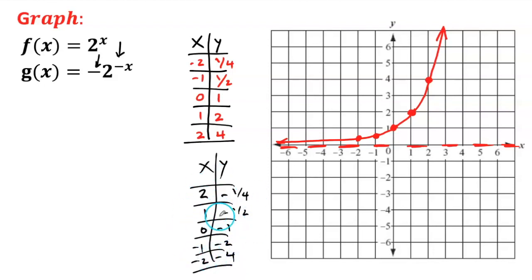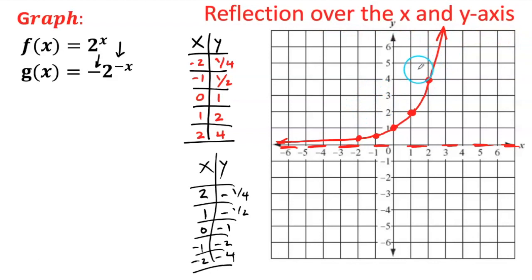And now if I plot these values, it will give me a reflection of this line over the x and y. What that means is when there's a reflection over the x and the y-axis, there's symmetry about the origin. You'll see that in a minute.